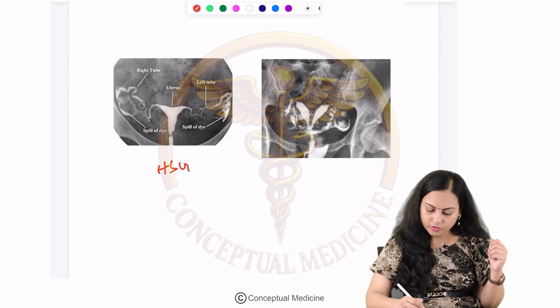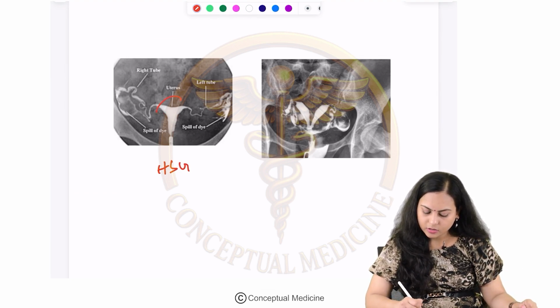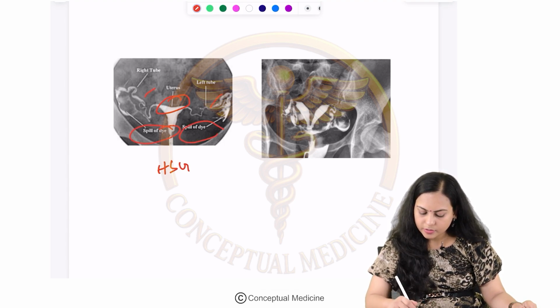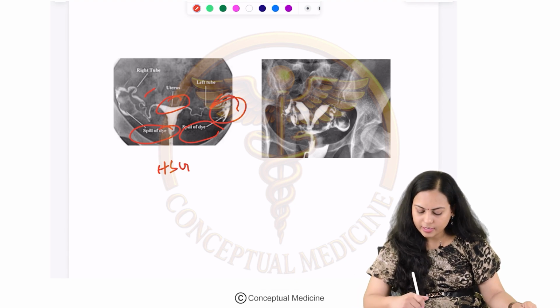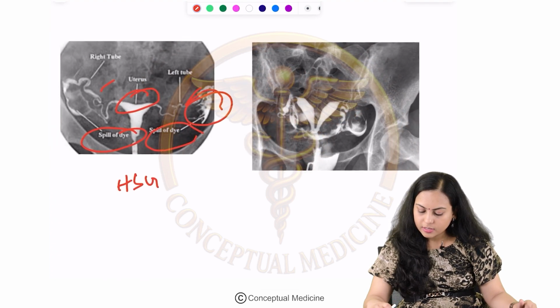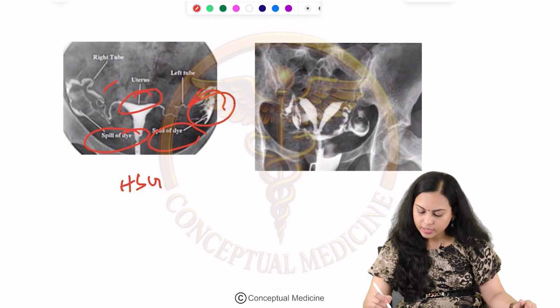Okay. So, you are able to see the uterus, okay, as well as there is a spill of the dye that we have given through the right tube as well as to the left tube. Okay. You are able to see the spill of the dye over here, right. So, this is a normal HSG, whereas when we come to the uterine bicornuate uterus, okay.